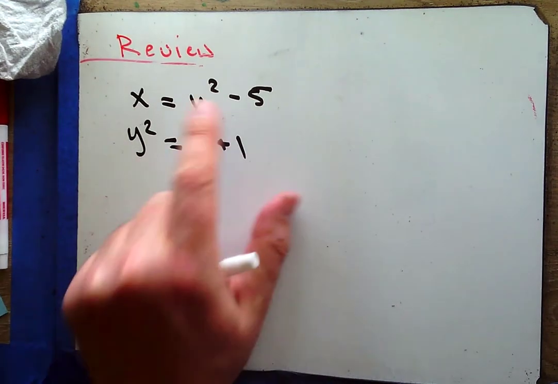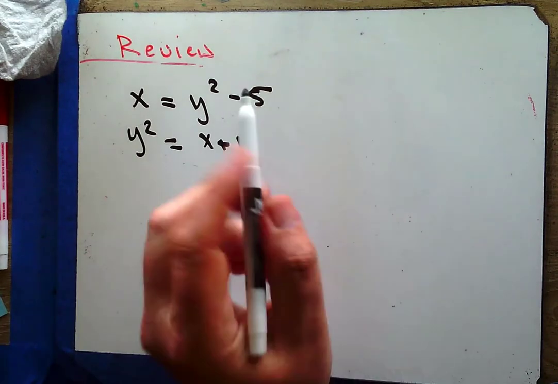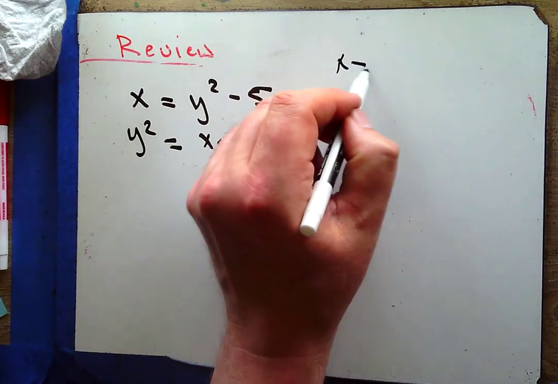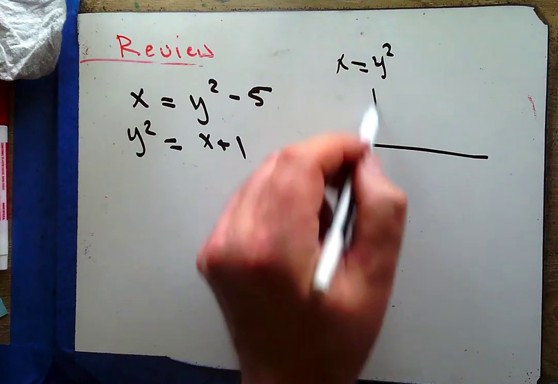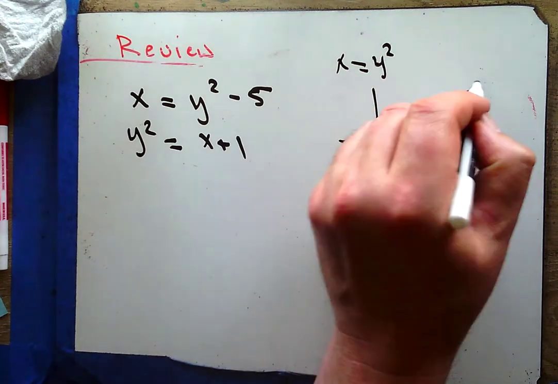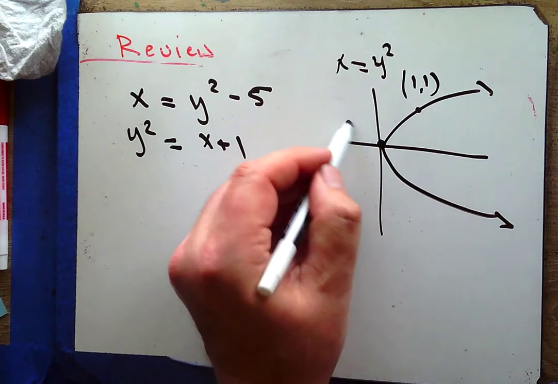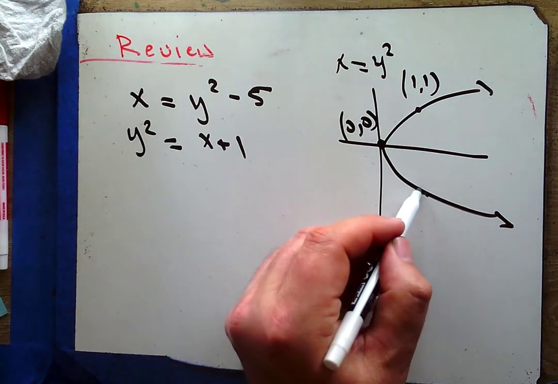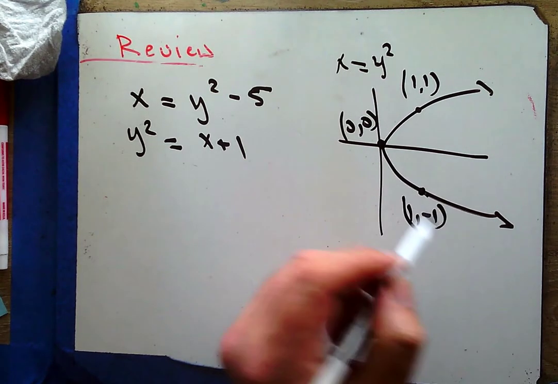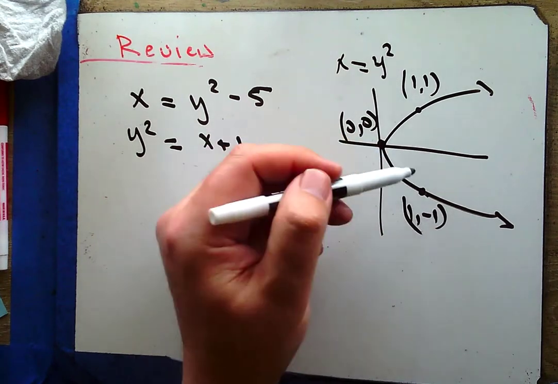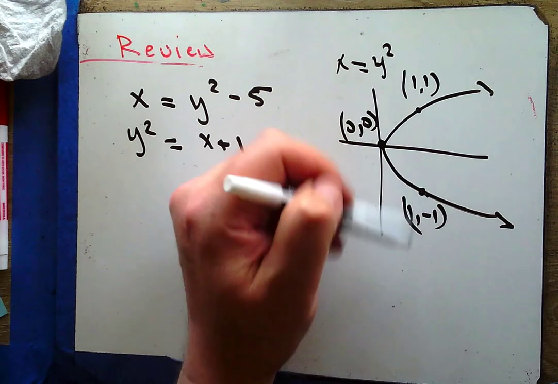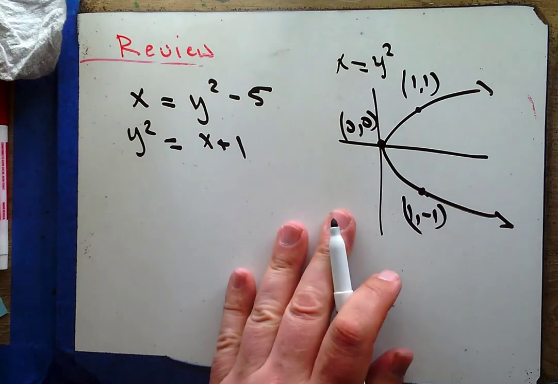When I see the y squared, I know, like, x equals y squared. If I were to talk about reference graphs, it would look like this: 1, 1, 0, 0, 1, negative 1. Now, this has x-axis symmetry and fails the vertical line test. So this is not a function.